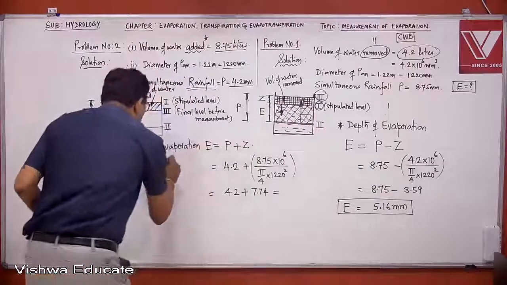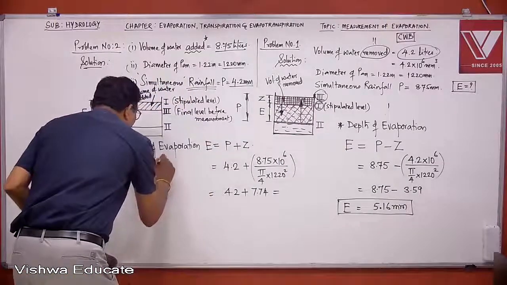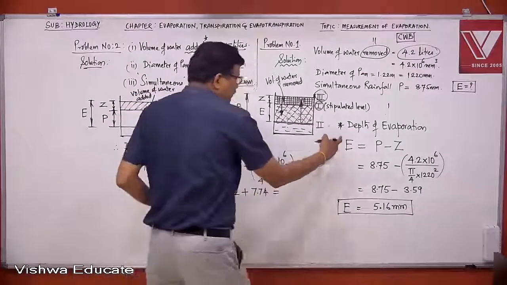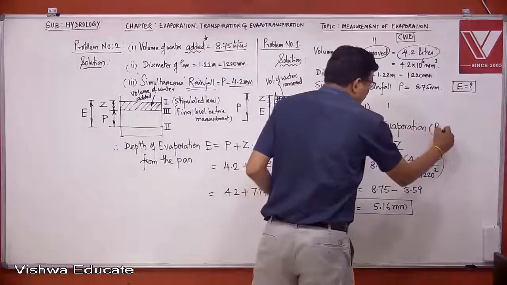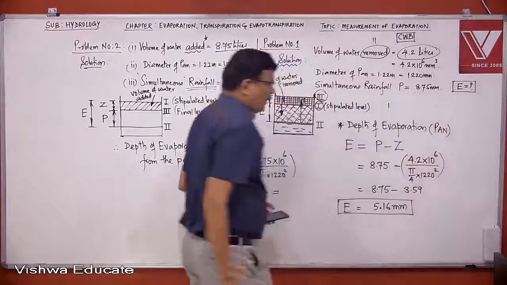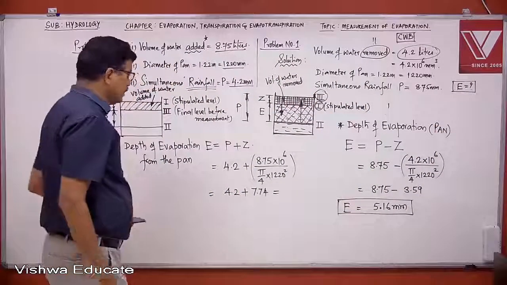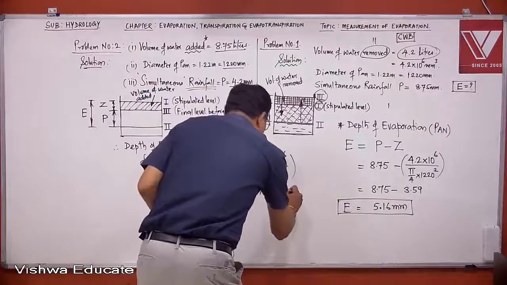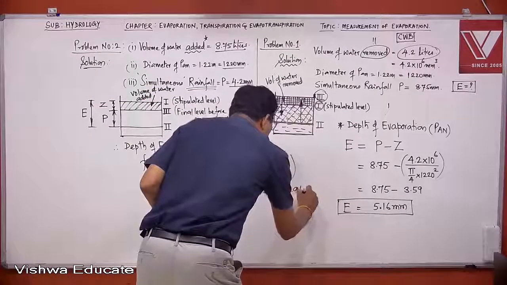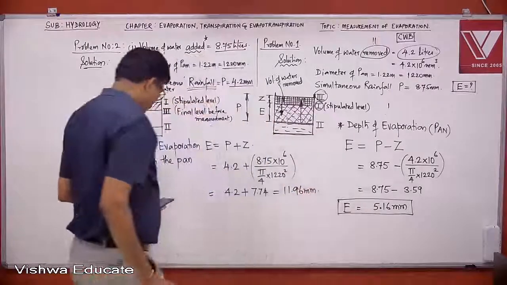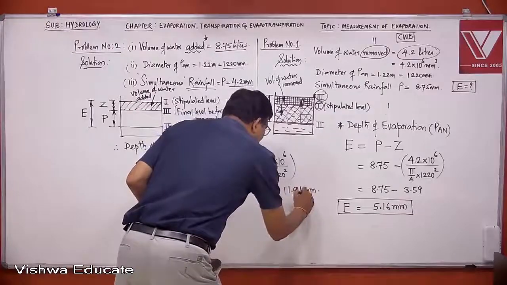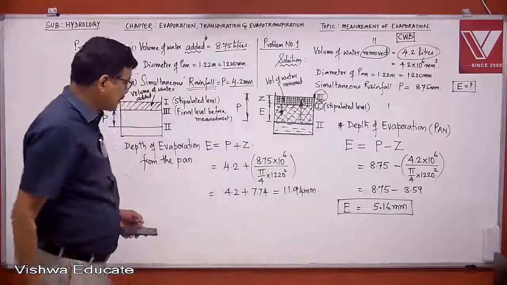Now this is the depth of evaporation from the pan. I haven't mentioned this earlier, but here also, it is from the pan. Okay, you can please note this. E comes to 11.94 millimeters.